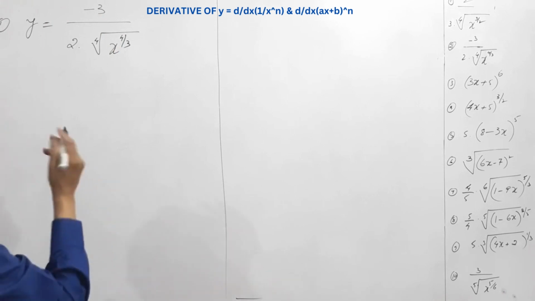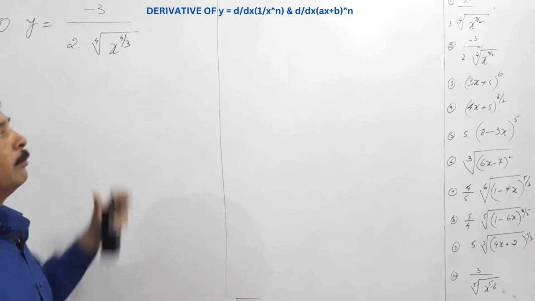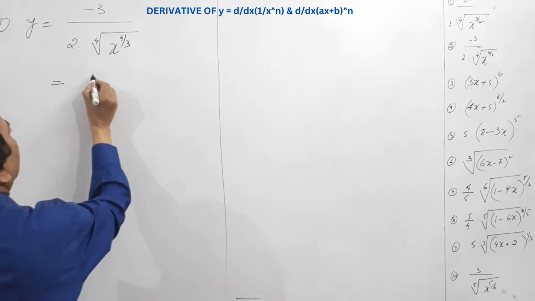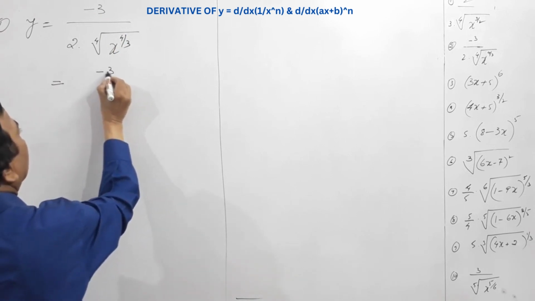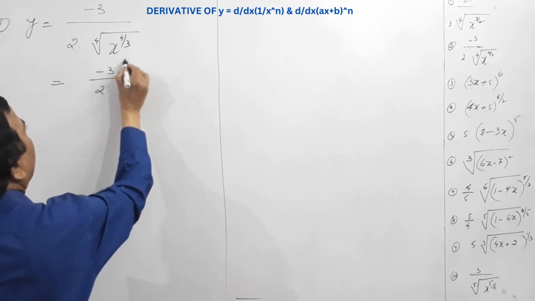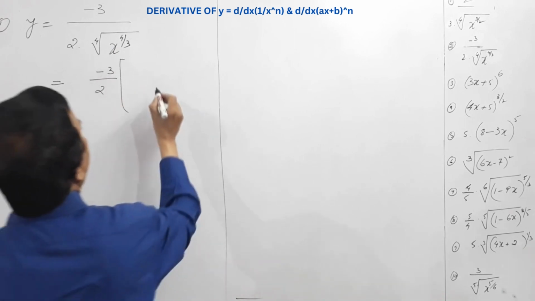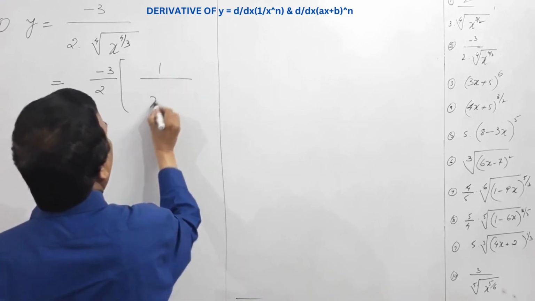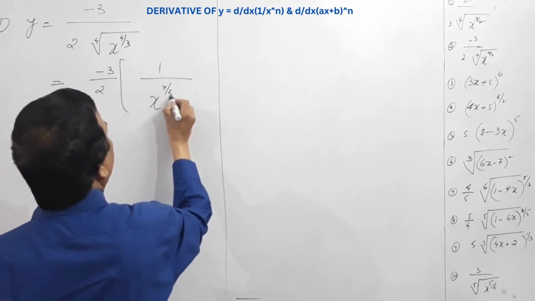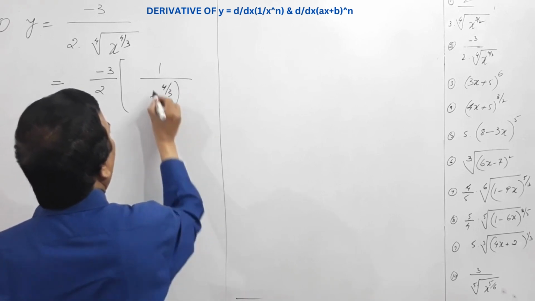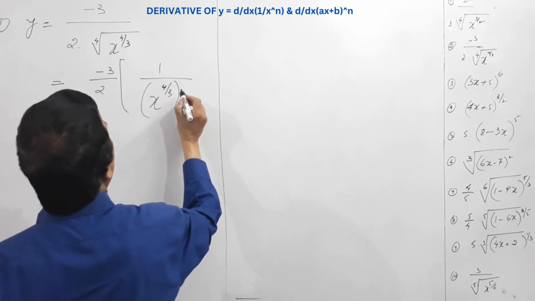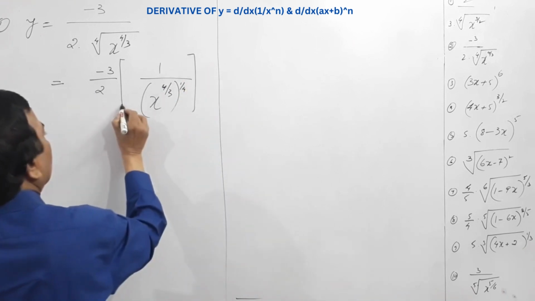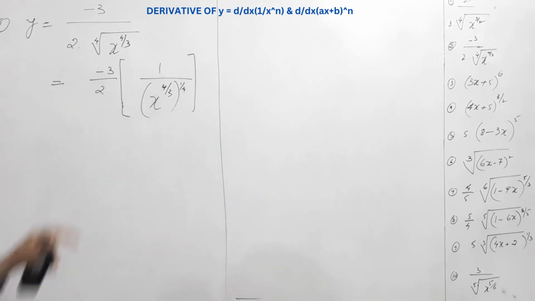Now, once again, let us simplify this and bring it to standard form. Done? So what I'll do is, this is equals to minus 3 by 2. I take it outside. This becomes 1 by x to the power of 4 by 3 whole to the power of 1 by 4. So there is a fourth root.